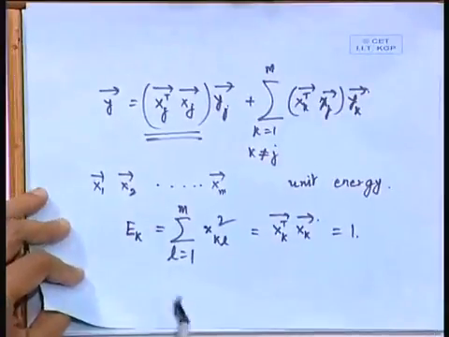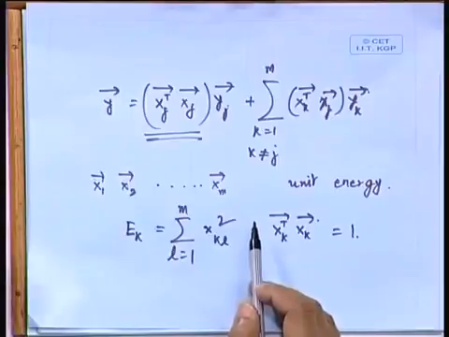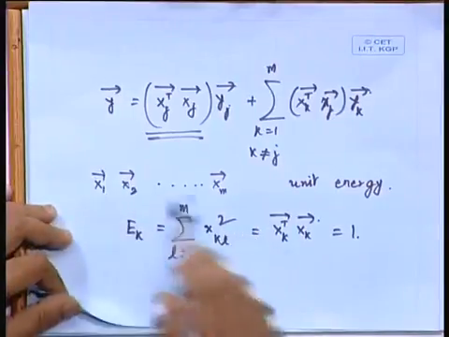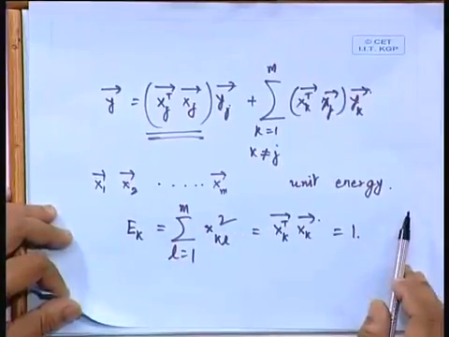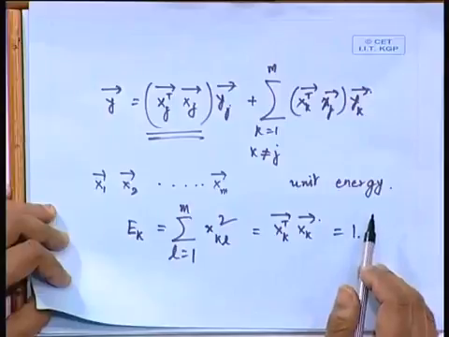In order to simplify, we had furthermore assumed that all these vectors have unit energy, so that the norm of all these vectors is equal to 1.